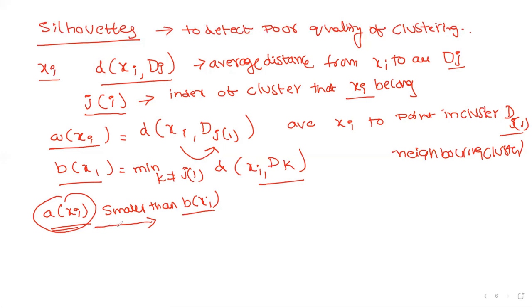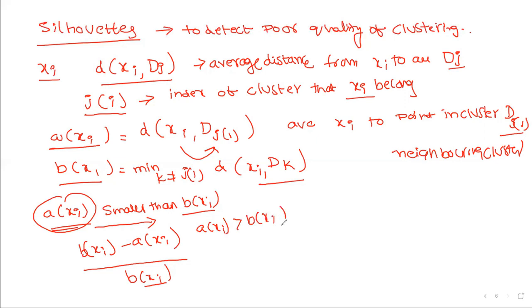So what we will do is simply take the difference between the two distances, b of xi minus a of xi. This difference indicates whether the cluster is well formed or not. Then we divide by b of xi. Suppose in some situations a of xi is greater than b of xi, so the difference is negative.